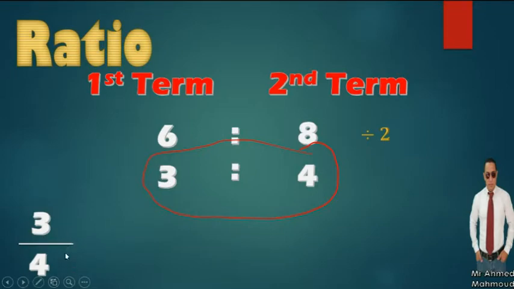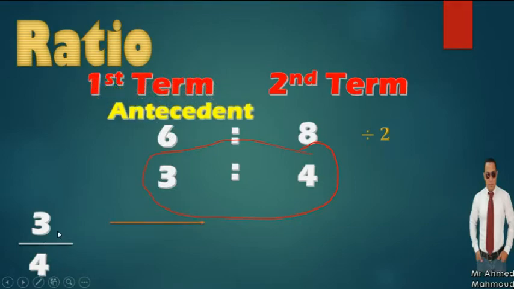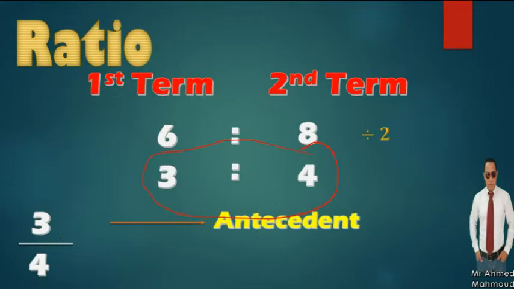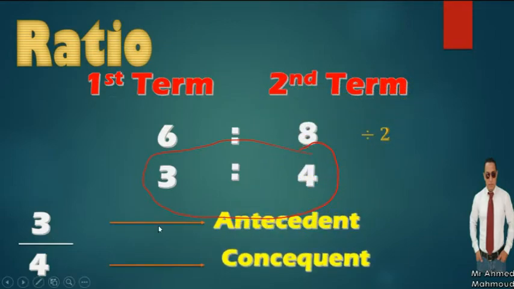In 3 over 4, 3 is called the antecedent and 4 is called the consequent. Antecedent means first term, consequent means second term. Okay, this is the meaning of the ratio.